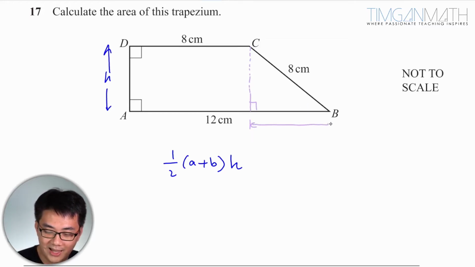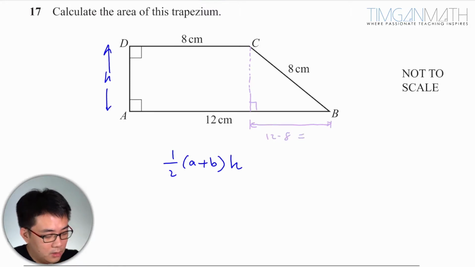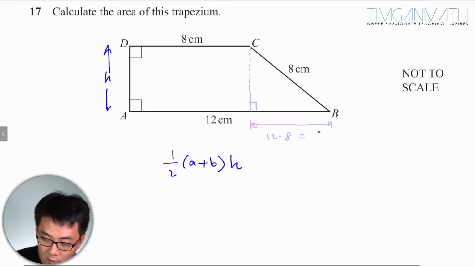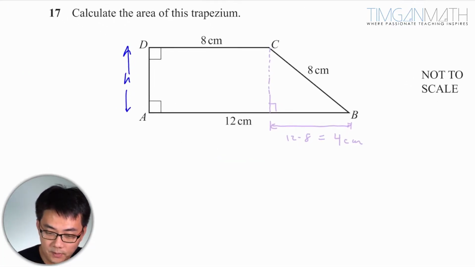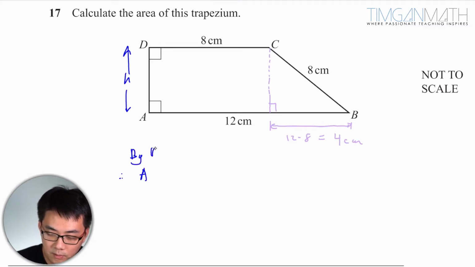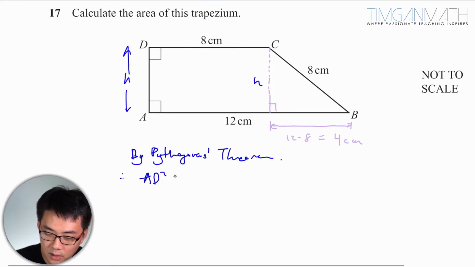You would know that this length here will be 12 minus 8, so 4 cm here. So hence AD, by Pythagoras theorem: 8 square equals 4 square plus AD square.